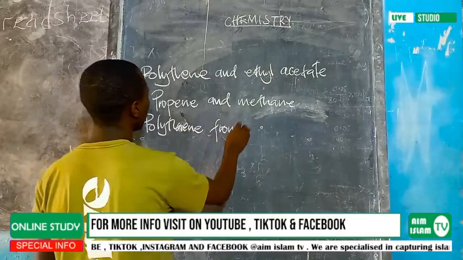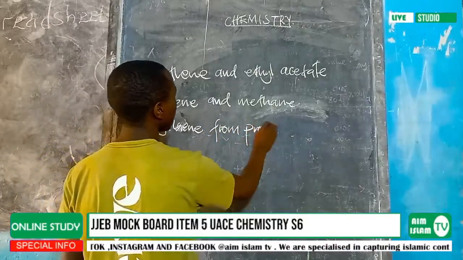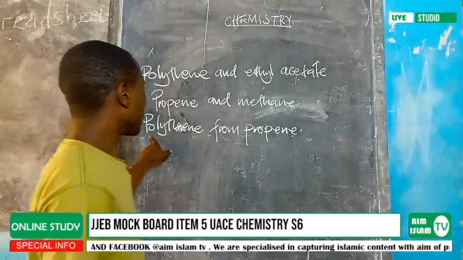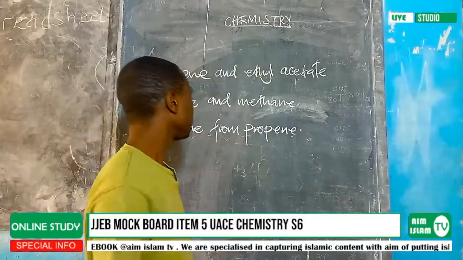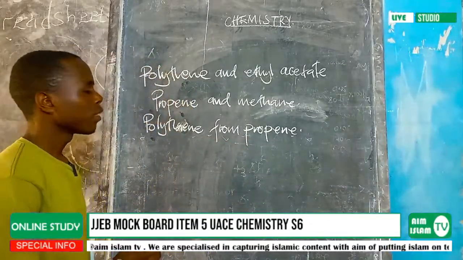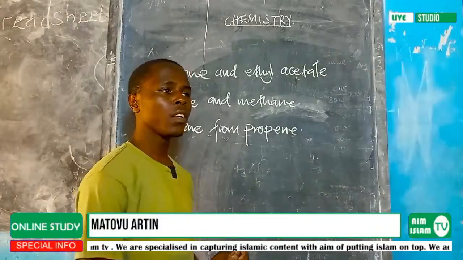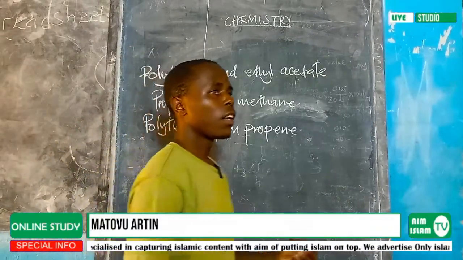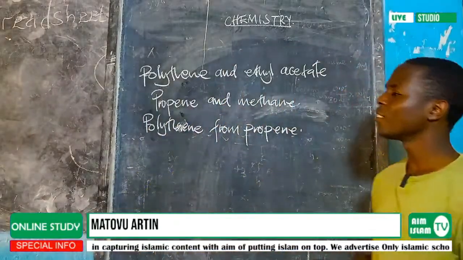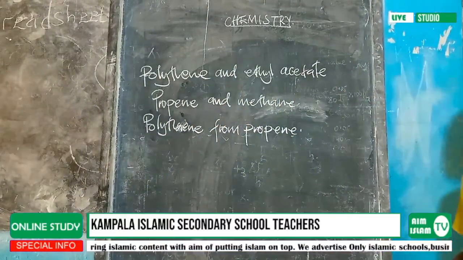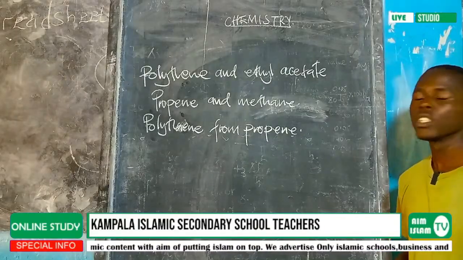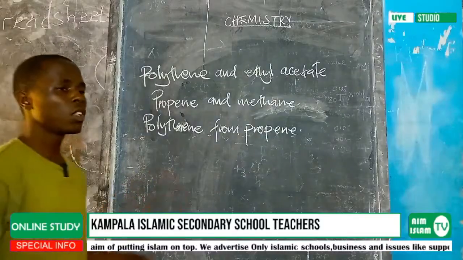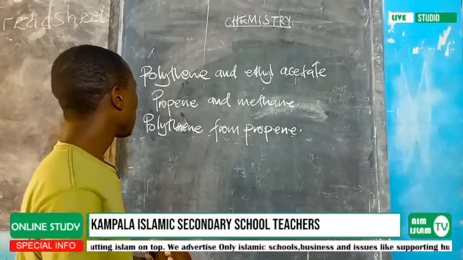So polyethylene from propene, this is how you can obtain it. There are different pathways you can use to obtain a product, so it is according to the shortest one, because this is a plant that requires simple processes to obtain their main product. So you have to use short routes such that you get to the product required.